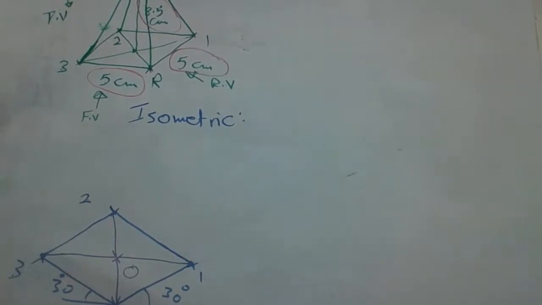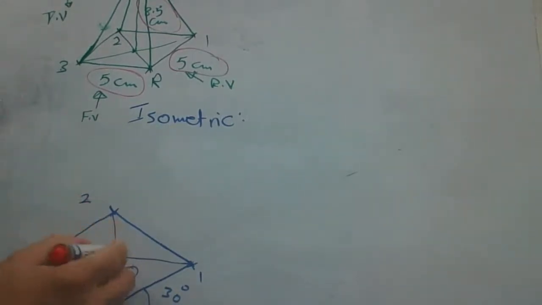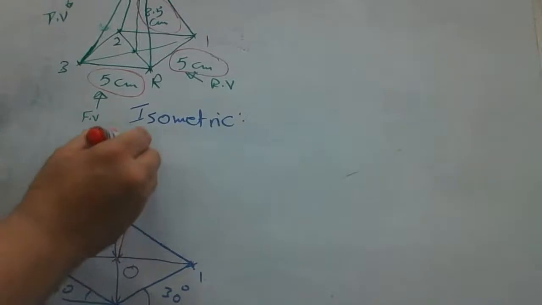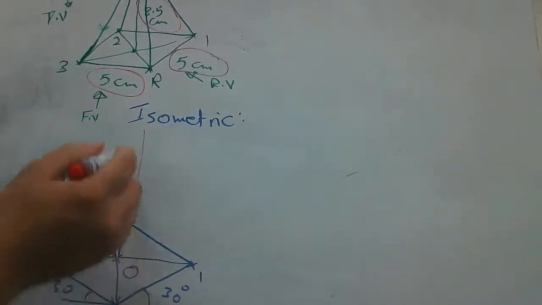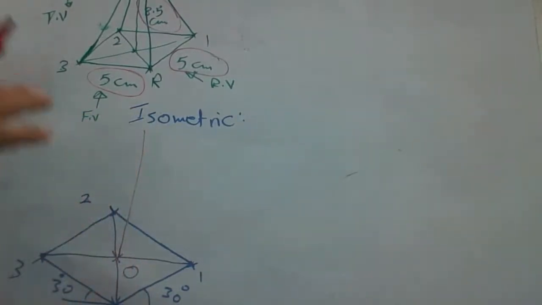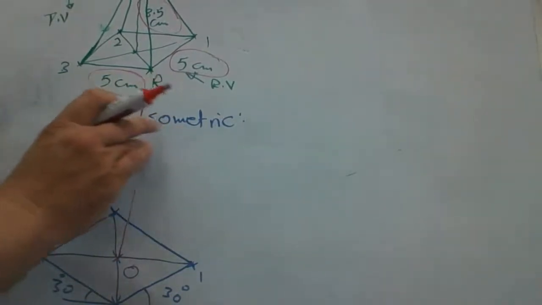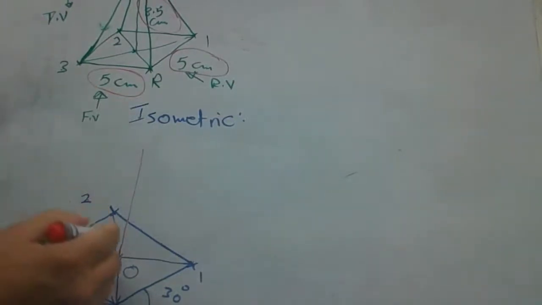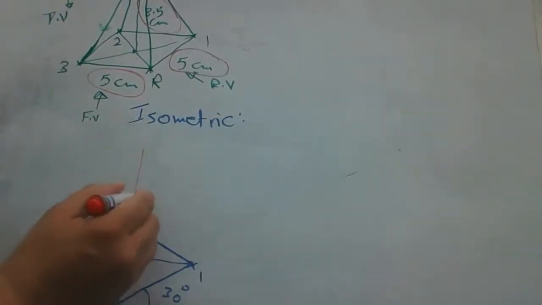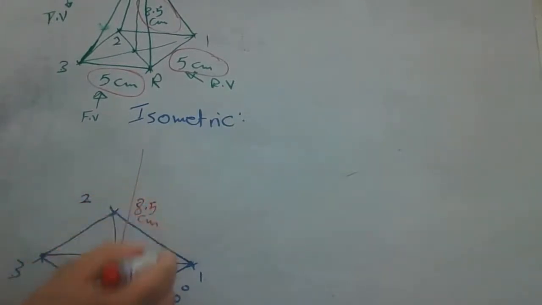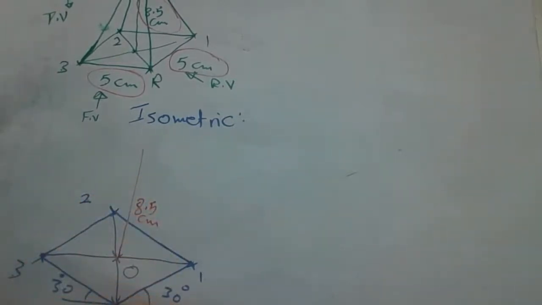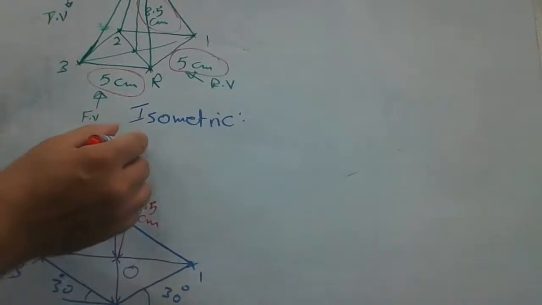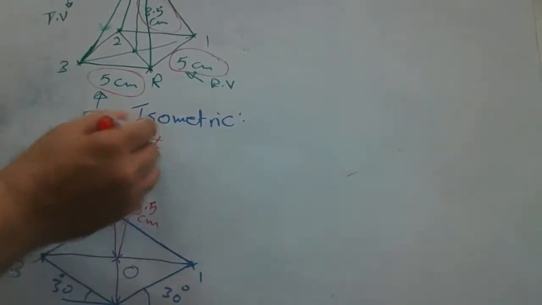The violet and red colors are not principal lines. They are just help lines to continue drawing the shape. Now this is the height, 8.5 centimeter. Here we draw 5 centimeter, and here we draw 5 centimeter. Okay. We determine here the height, point 4.